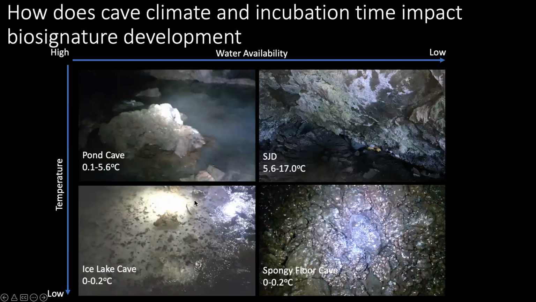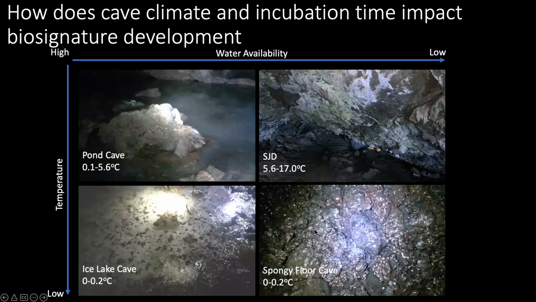Then in the lower temperature regime, we have Ice Lake Cave, which is a frozen sheet of ice that exists across the entire base of the cave. And in the winter, you get groundwater seeping in and actually melting that top surface and interacting with it. And then in the summer, it's completely frozen.